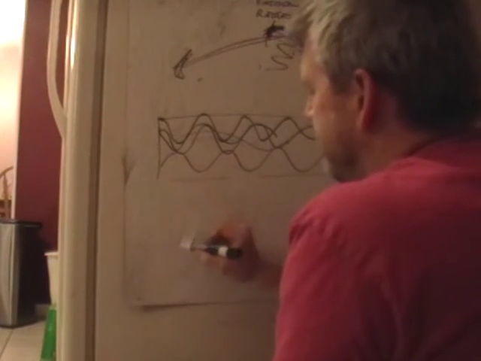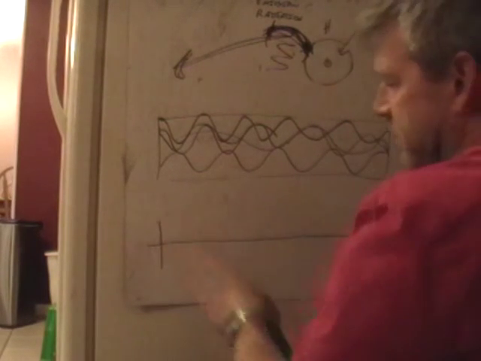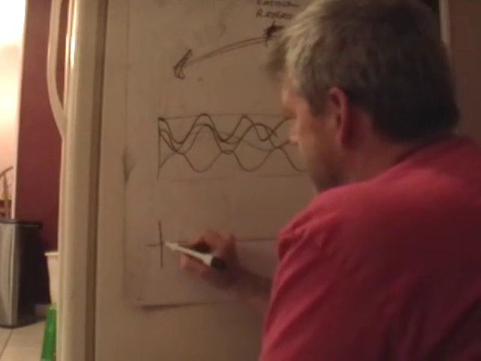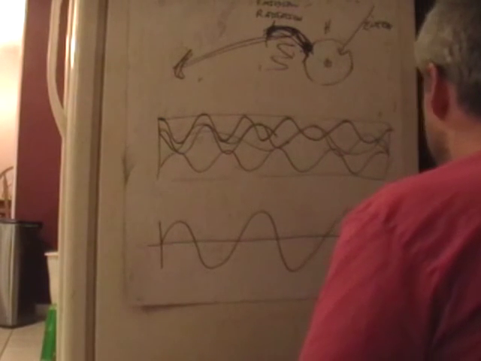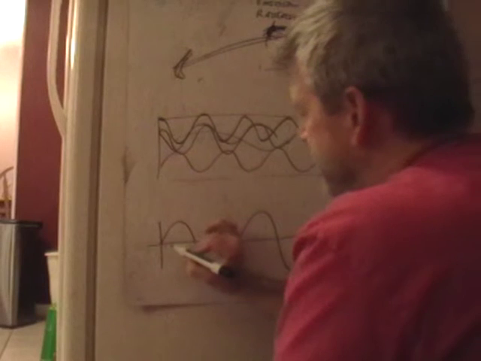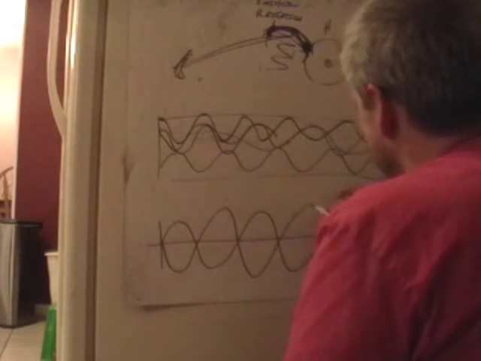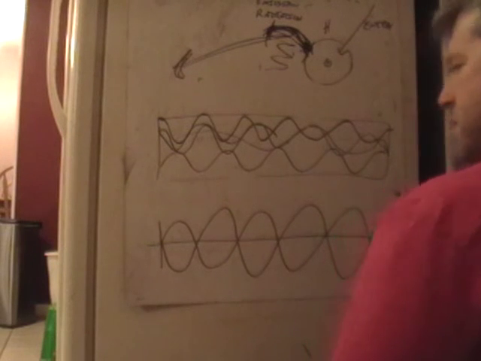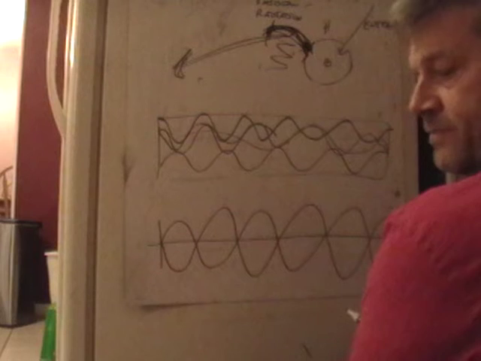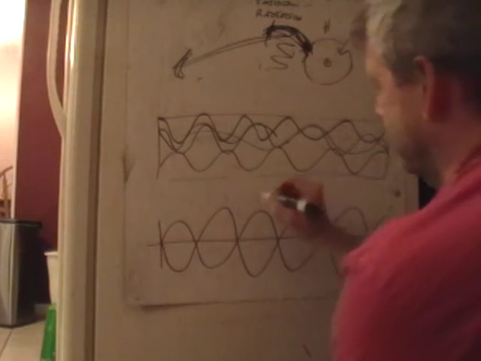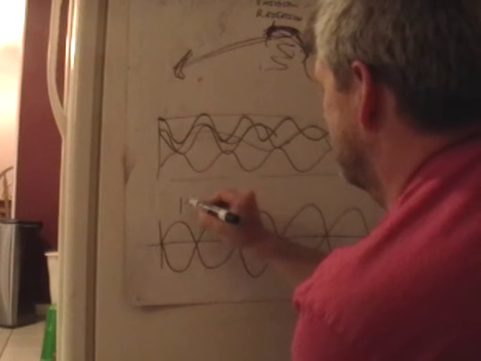If I have two waves, so this is all energy and it's all in the same place, so I'll draw it all on the same axis, right? If I have a sine wave doing this, and I have another one that's 180 degrees out of phase, from there to here.